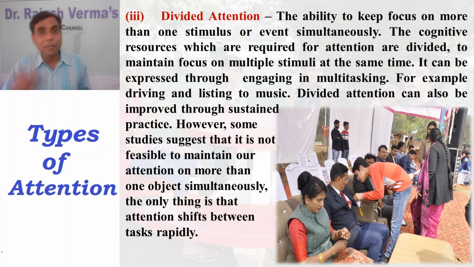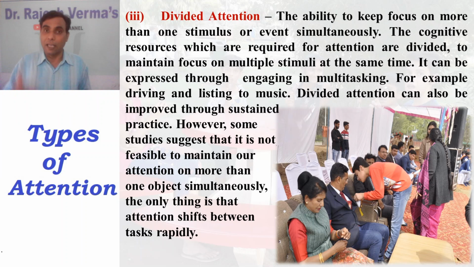What is actually happening in divided attention is that attention shifts between tasks or events or stimuli very rapidly, where we feel that we are attending to various stimuli. As in the case of movies, we are not just seeing people moving on the screen.